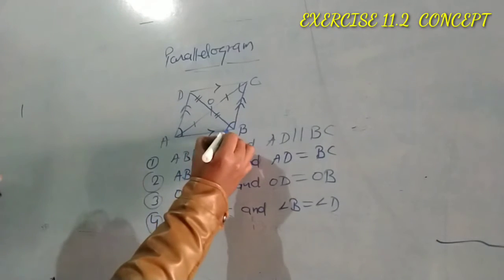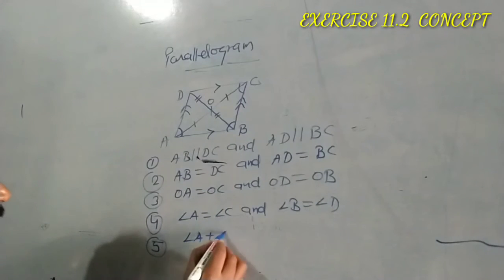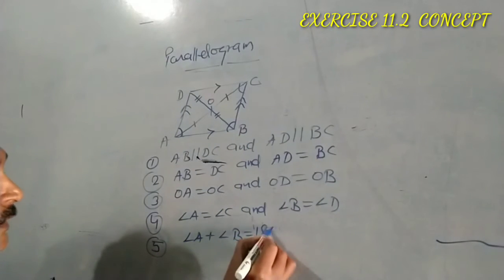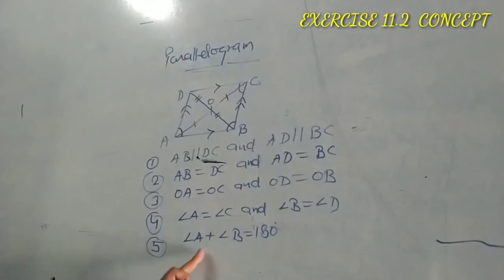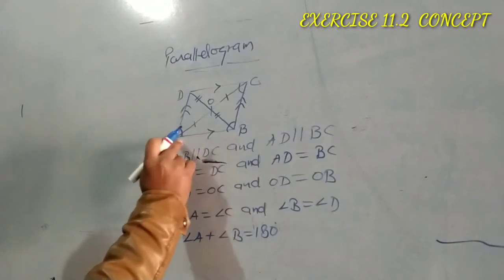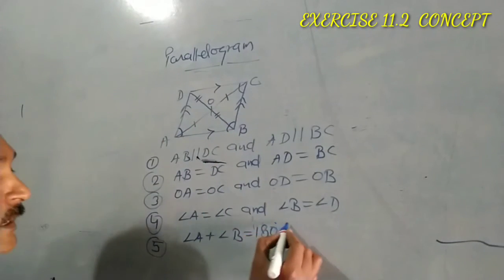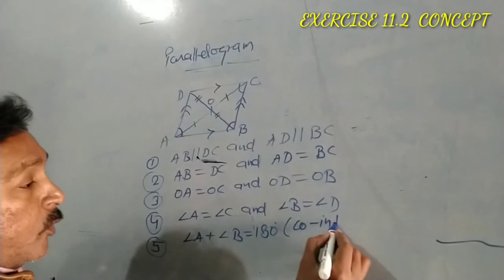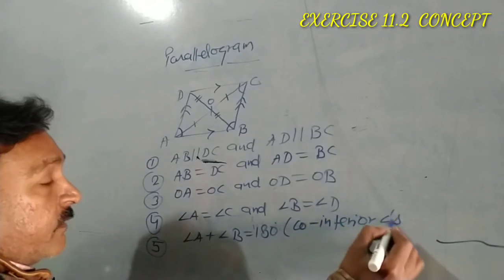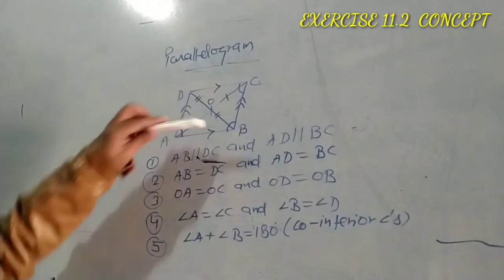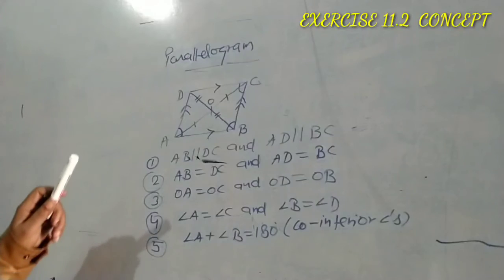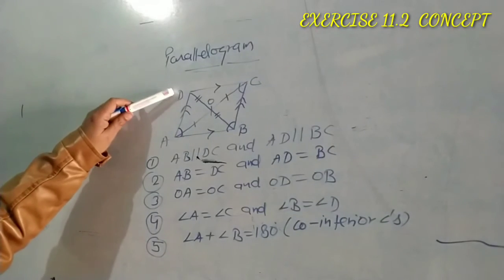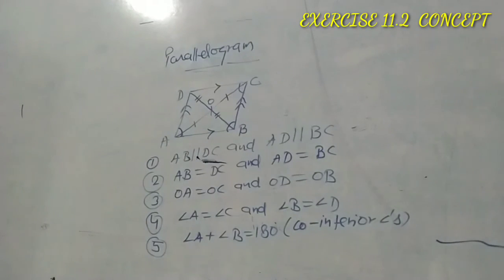Angle A and B are co-interior, so angle A plus angle B is equal to 180 degrees. Co-interior angles means the sum of two adjacent angles. A and B are adjacent, so their sum will be 180 degrees, and the reason will be co-interior angles. In the same way, the sum of angle B and C will be 180, the sum of C and D will be 180, and the sum of angle D and angle A will also be 180 degrees.